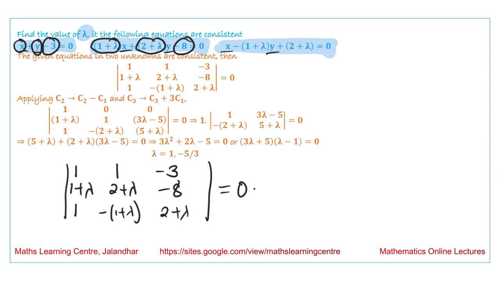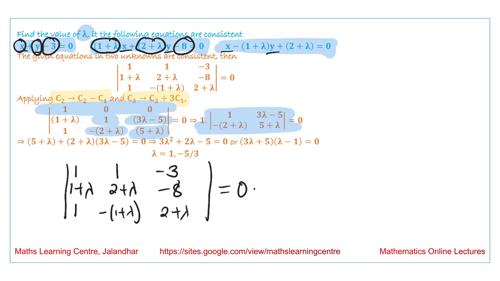Now to solve this determinant, we apply these transformations: column 2 becomes column 2 minus column 1, and column 3 becomes column 3 minus 3 times column 1. We obtain that these two elements over here become 0, and these terms are changed accordingly. You can try to solve this on your own. Now if we open this determinant along the first row, it reduces to a 2 cross 2 determinant.